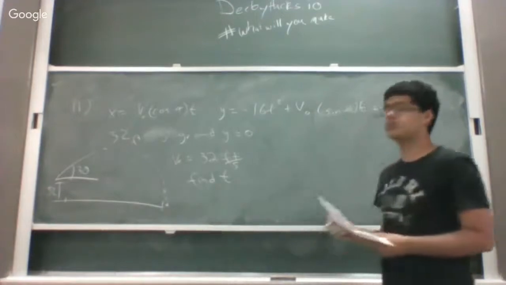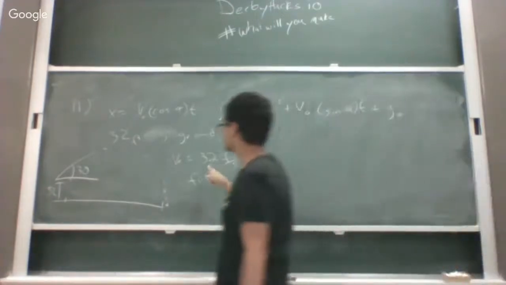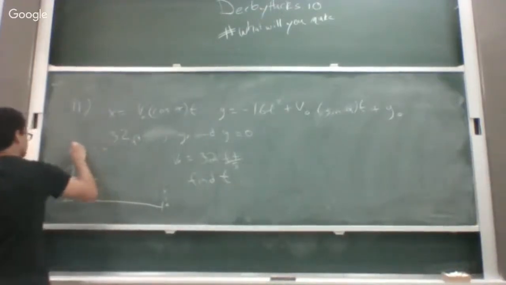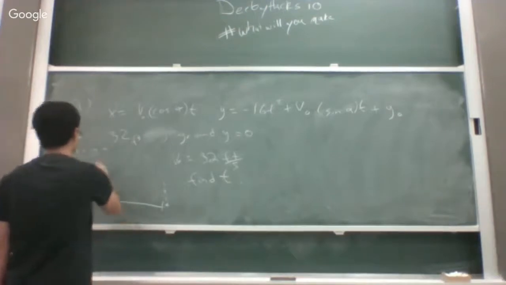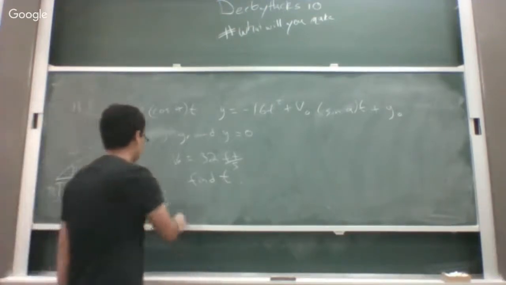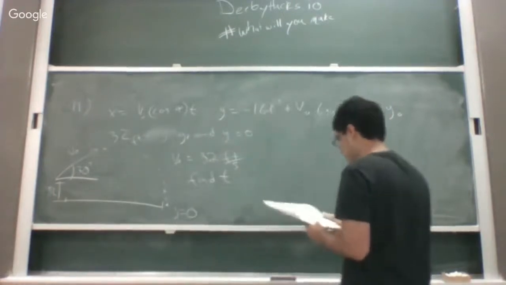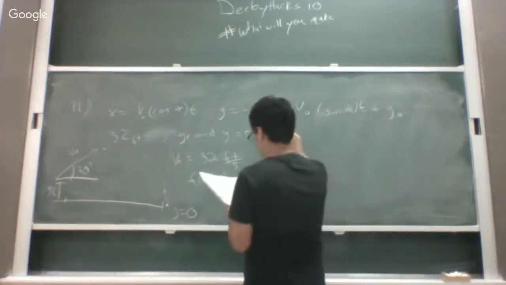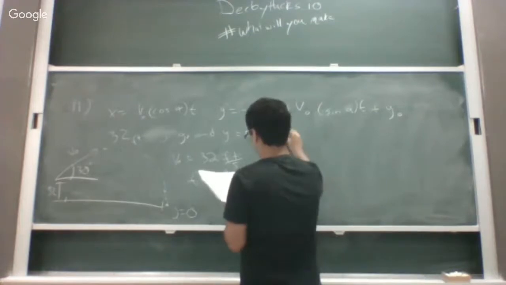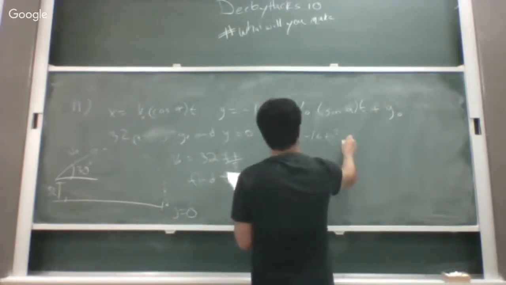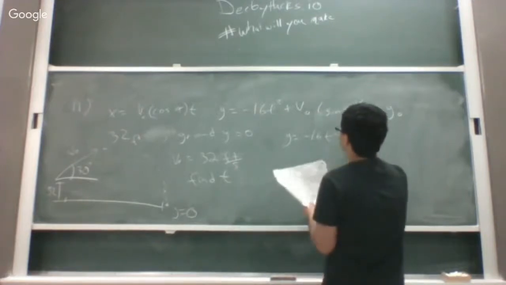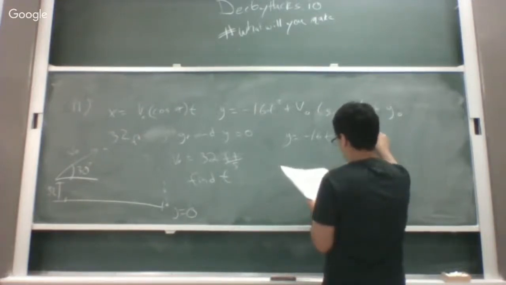It's thrown 32 feet above ground with a velocity of v naught at a 30 degree angle. The ground is at y equal to 0, and we have to find the x and time. So, having that information, we know that y is equal to negative 16 t squared plus 32.